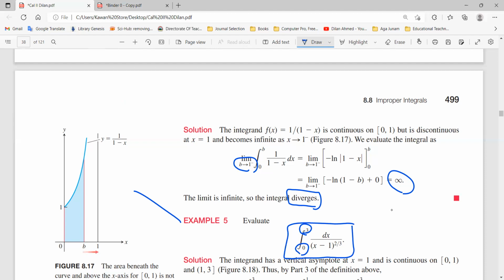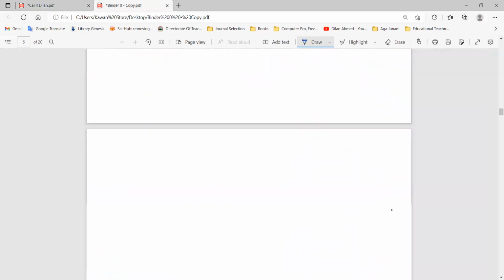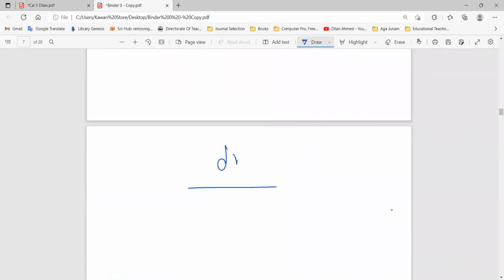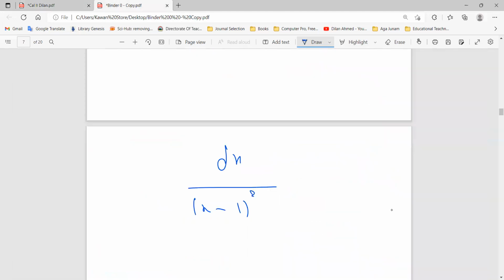So here we have the integral of (x minus 1) to the power 2/3 from 0 to 3, I think, yes. Where's the vertical asymptote? It's equal to 1, right? If I put 1 here, I'll get a problem. So here's the problem. How do we solve that?